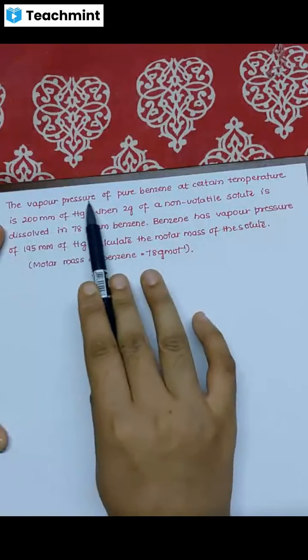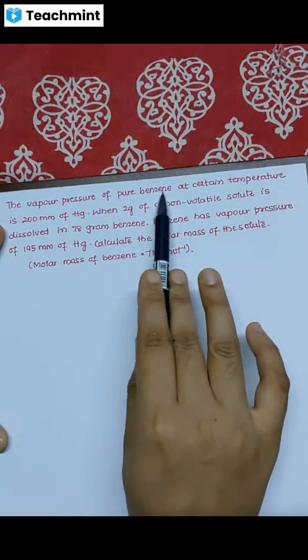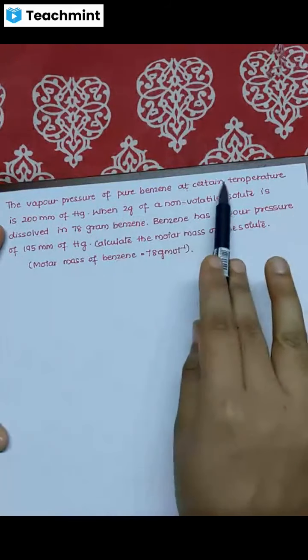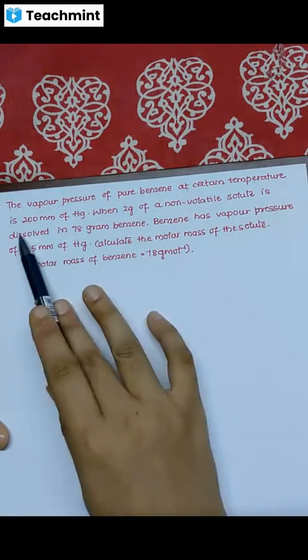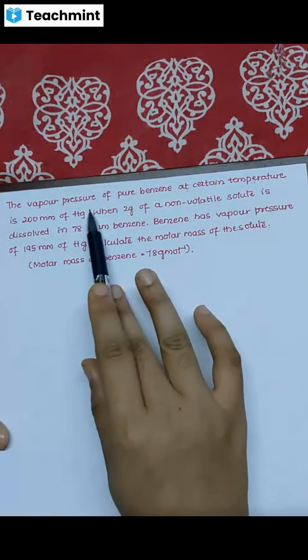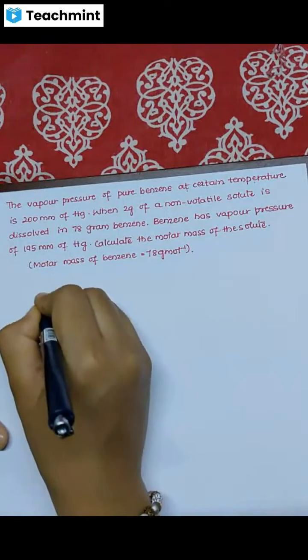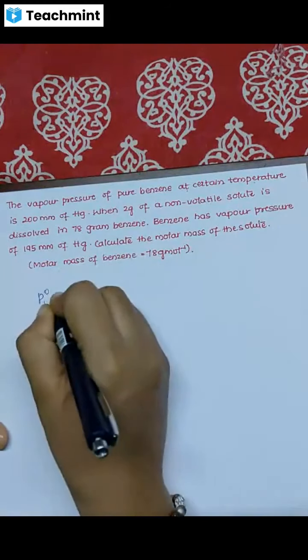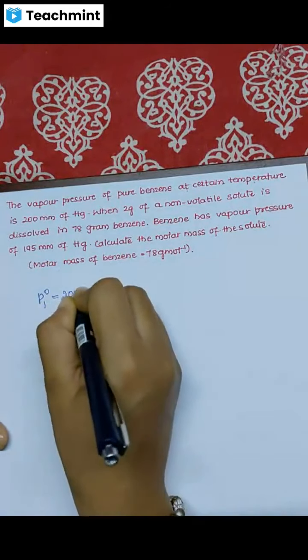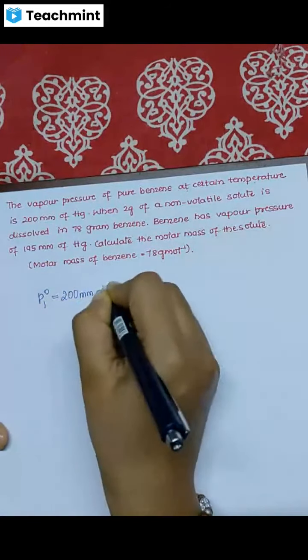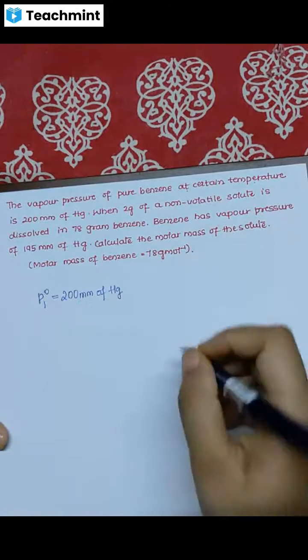The vapor pressure of pure benzene at a certain temperature is 200 mm of Hg. Pure benzene they have given, that means it is P1 naught, and value given is 200 mm of Hg.